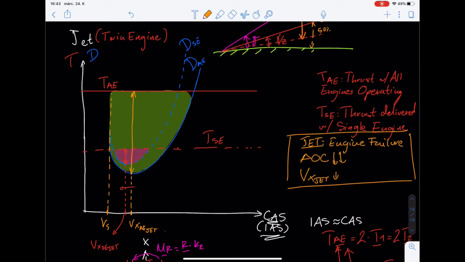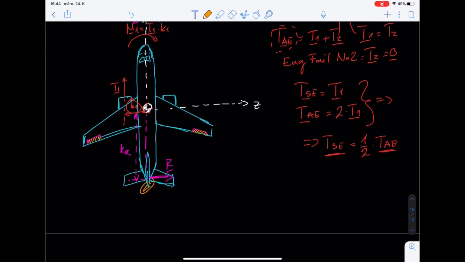So this leads us to the next discussion: what happens when you have an engine failure with a propeller driven aeroplane. Okay, so when you have an engine failure with the prop, it's going to be a very similar case.